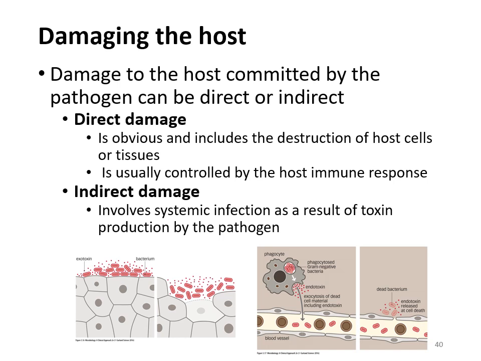So kind of picture that pathogen kind of crashing into cells and tissues. So the pathogen itself is destroying host cells or tissues. Okay? Indirect damage is now when you have a systemic, so body-wide trouble because of toxins produced by the pathogens.